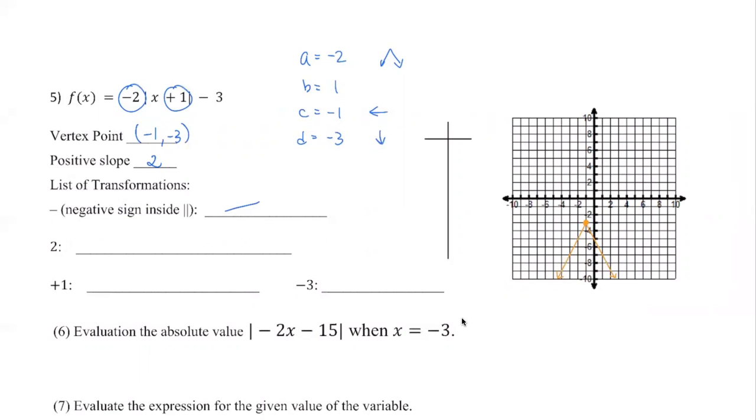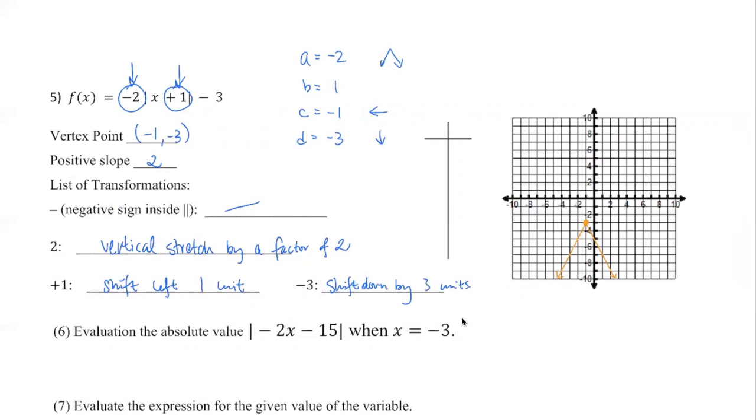The 2 right here expresses that we have a vertical stretch by a factor of 2. And then the +1 right here means that we are shifting left by 1 unit. The -3 means we are shifting down by 3 units.